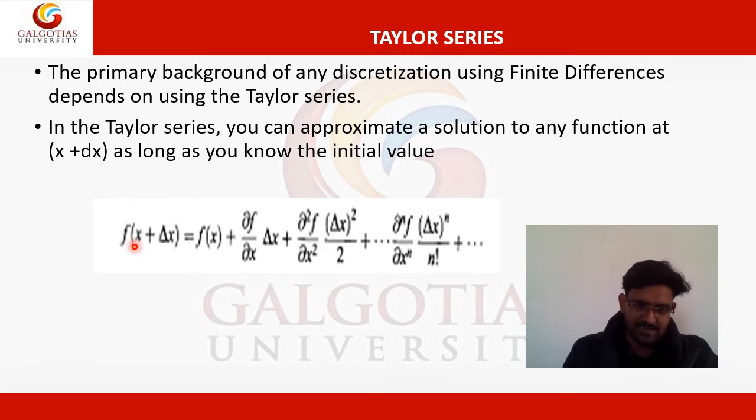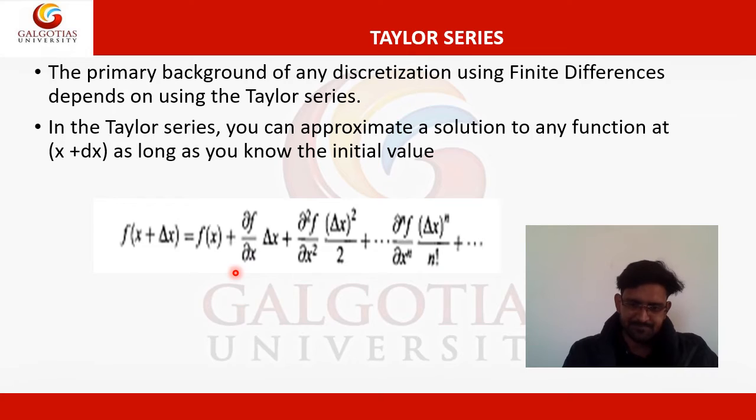Suppose this is f of x plus delta x, where delta x is a very small variation in space in the x direction. As per Taylor, it can be expanded as f(x) plus del f by del x times delta x, plus the second derivative del 2f upon del x2 times delta x squared by 2, and so on, up to the nth derivative of the function, del n f upon del x n, times delta x to the power n upon n factorial.